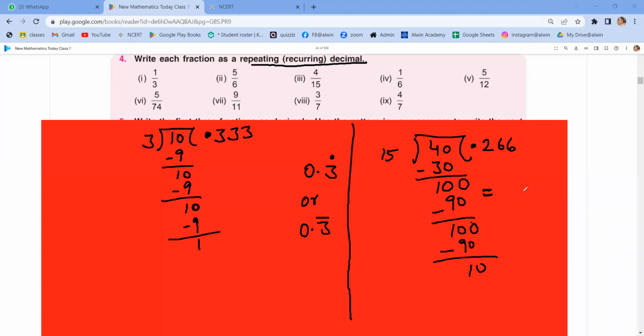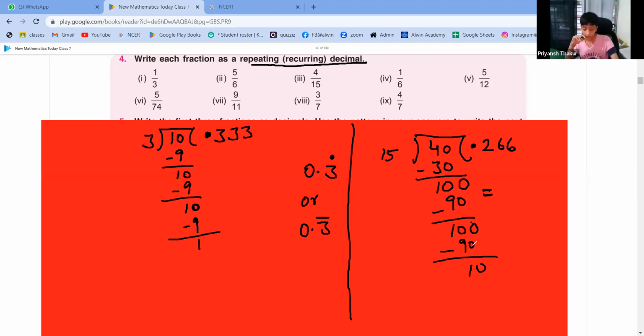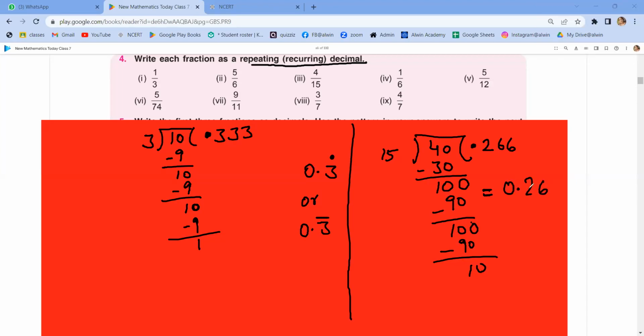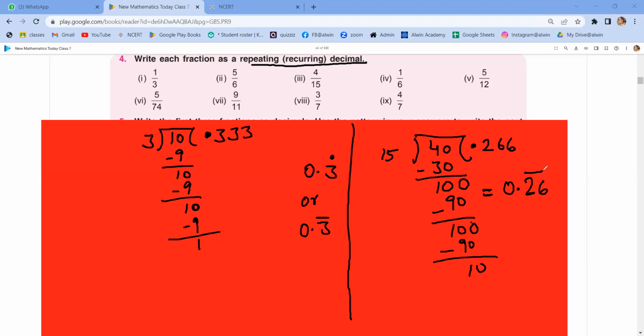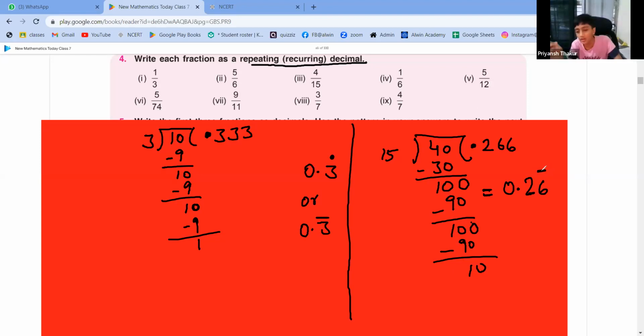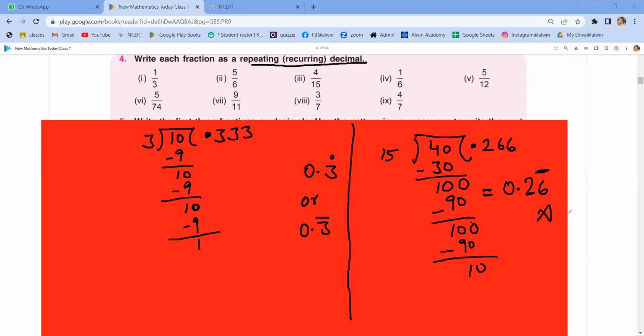Priyansh, you tell me. Ma'am, the answer is 0.26, with two dots, with that bar. On what? Both the numbers, 26 pe. No, beta, bar only on 6. That is the answer. ठीक है?